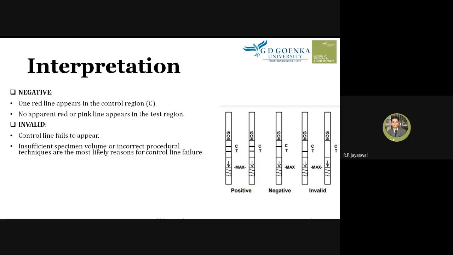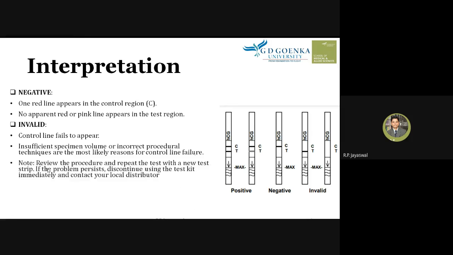Insufficient specimen volume or incorrect procedural techniques are the most likely reasons for the control line failure. Here we can understand why the test is invalid: because of insufficient specimen or incorrect procedural techniques. So the procedure that we are doing is not correct, and in that condition the control line may fail to appear.